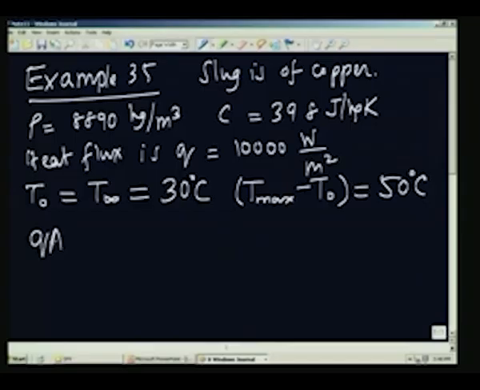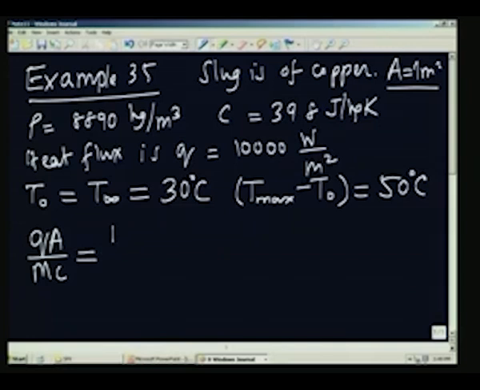So, let us calculate the various quantities which appear there. QA by MC, of course, A is not mentioned in the problem, so we can calculate based on A equal to 1 square meter. In actual practice, A will be a very small quantity, and anyway it does not come into the picture at all. So, what we require is QA by MC. If I put A equal to 1 meter squared, everywhere it will be A equal to 1.